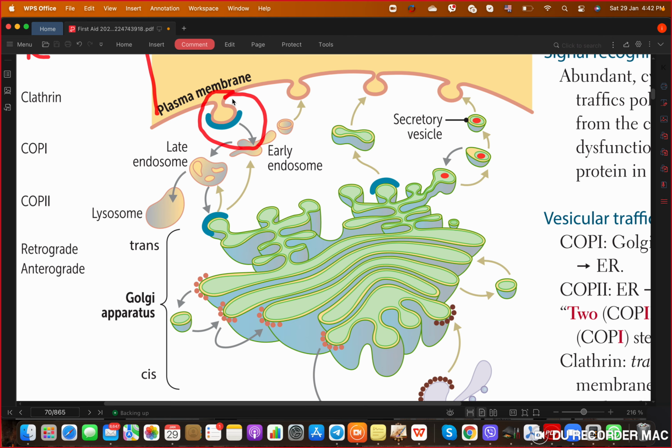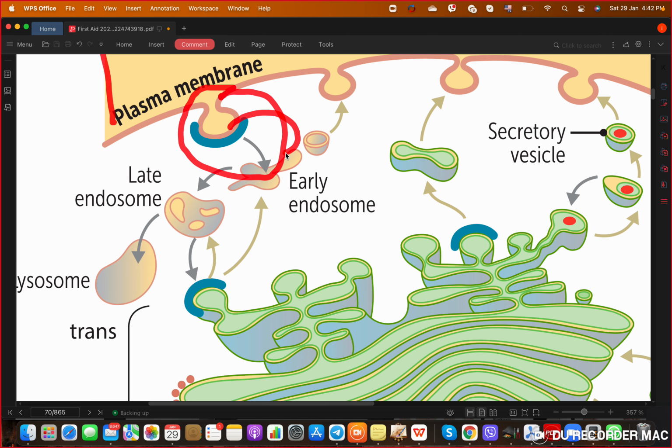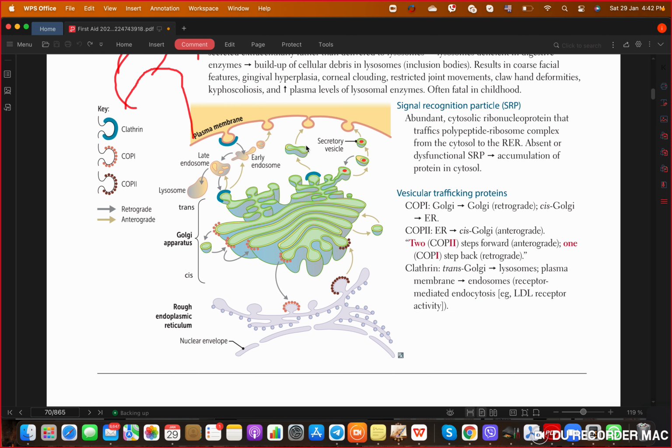And you remember what I told you about the function of the endosome? They take the protein to the endosome. What does the endosome do? It either sends it to the lysosome or back to the Golgi apparatus. Okay, good. So yeah, or to the endosome, which is important for receptor-mediated endocytosis. What is receptor-mediated endocytosis? For example, let's say we have here an LDL receptor, okay?